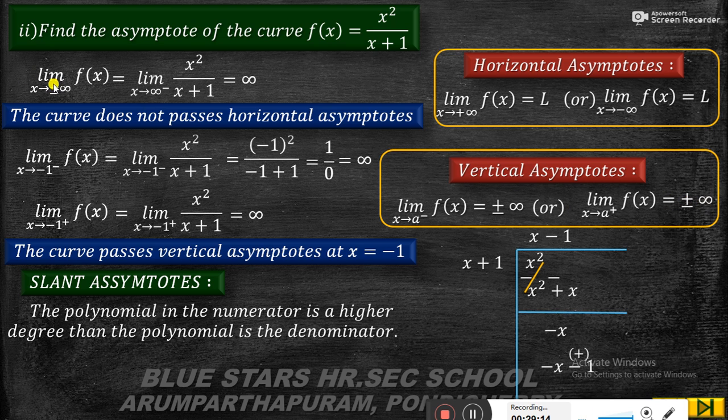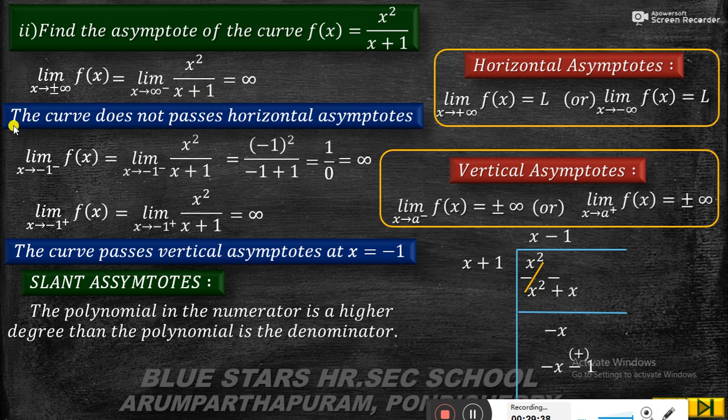So now I take the limit as x tends to plus or minus infinity of f of x. Now I take the limit as x tends to infinity minus, it represents the left-hand limit, of x square by x plus 1. Now I substitute x equal to infinity, so under the denominator it is infinity plus 1, so the answer is infinity.